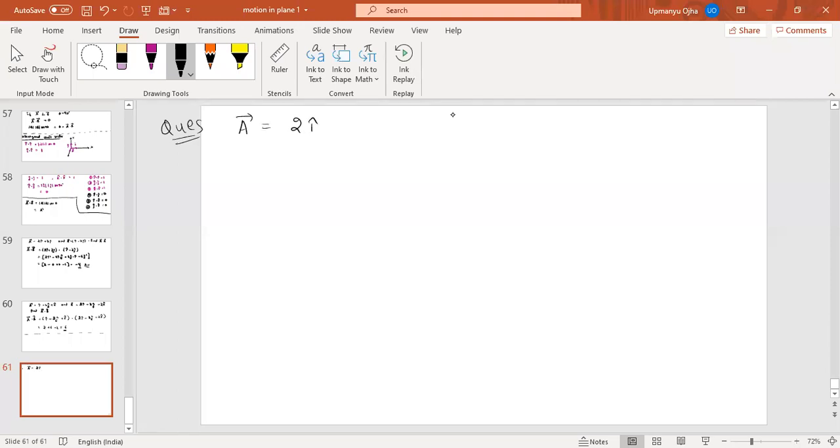If A vector is 2i cap plus 3j cap plus 8k cap, and this A vector is perpendicular to B vector whose value is 4i cap minus 4j cap plus alpha k cap, find the value of alpha.